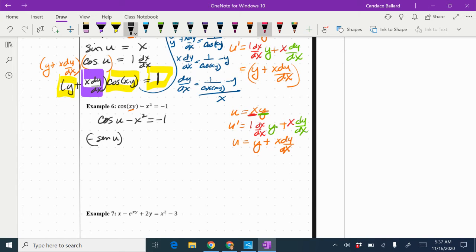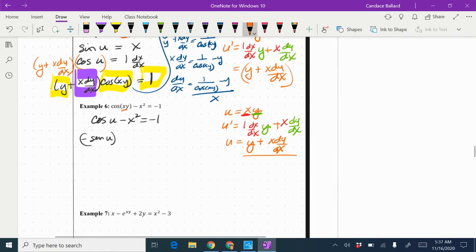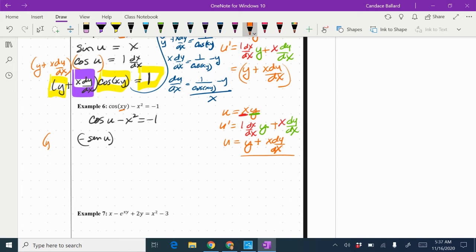And then I can't forget to multiply by the inner function, which would be y plus x dy/dx. And then the derivative of the x squared would be negative 2x dx/dx equals, and the derivative of 1 would be 0.